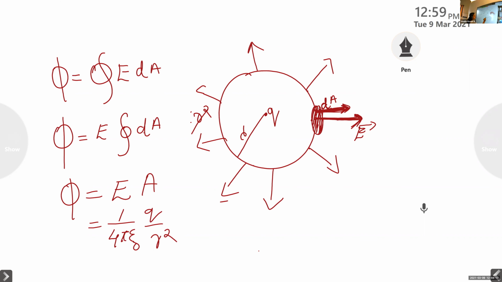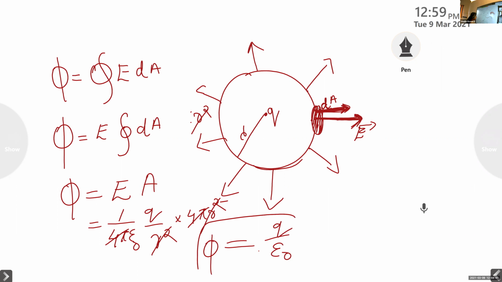And here we are considering a sphere. How can we calculate the area of the sphere? Gayatri? 4 pi r square. Yes, very good. It is 4 pi r square. We can cancel the like terms. Here 4 pi, here also 4 pi, r square and r square. Then what is left? Phi is equal to q divided by epsilon 0.